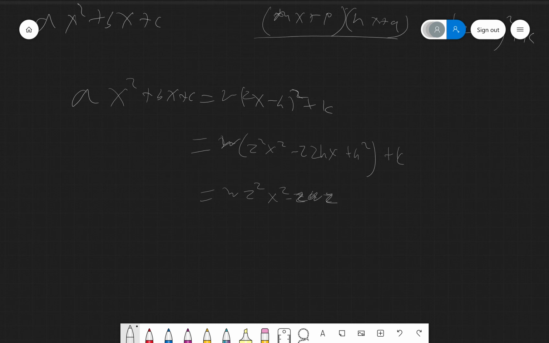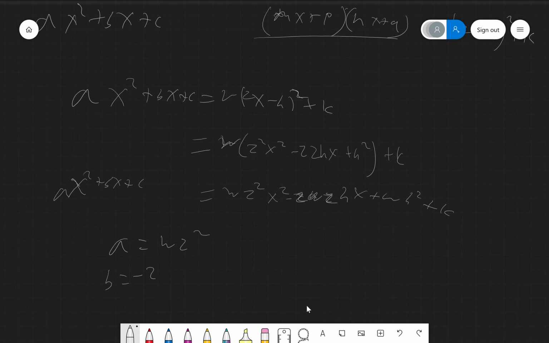My 2 and z's look very similar, I know. Okay, so that means that's equal to ax squared plus bx plus c. So a is equal to wz squared, b is equal to negative 2wzh.